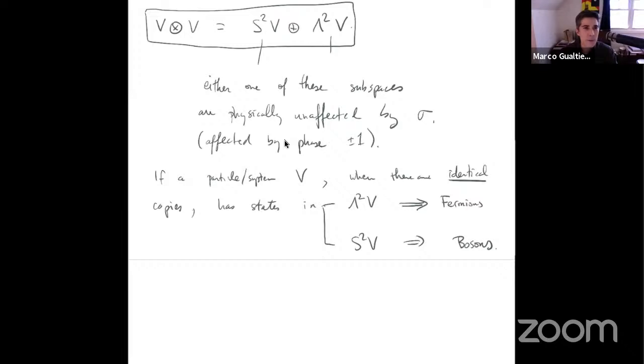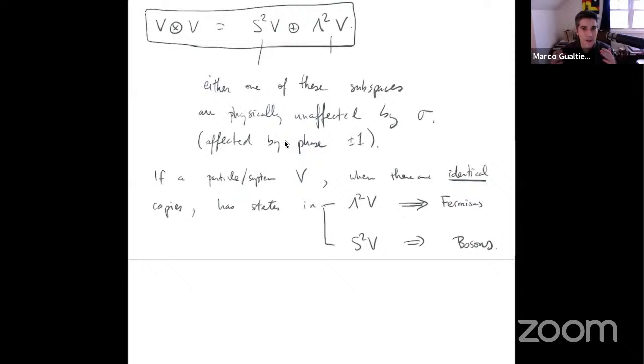Statistics is about many things. Statistics is the study of multiple things happening, like a large number of people together. So 2 is a large number. There are 2 particles, therefore they have some kind of statistics, some kind of behavior when there's more than one.